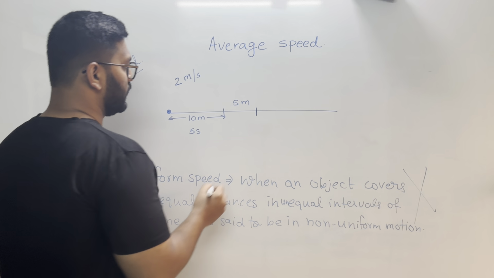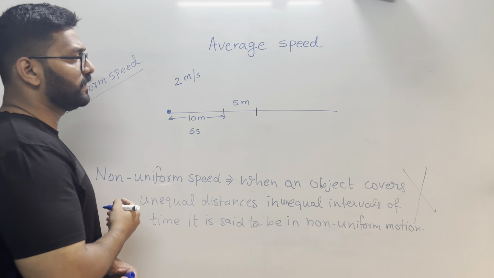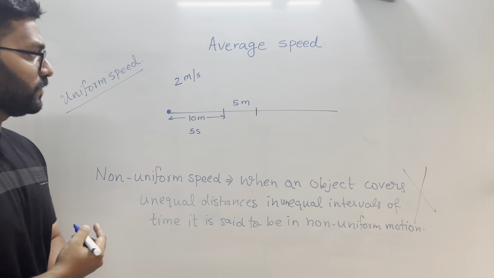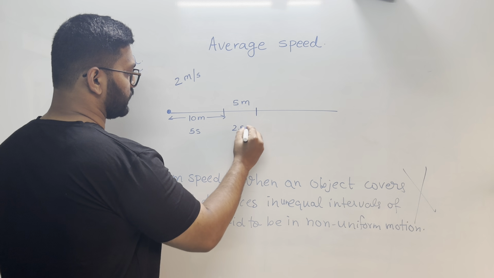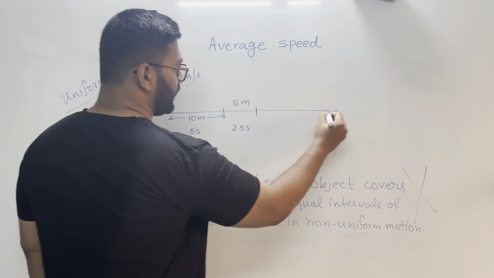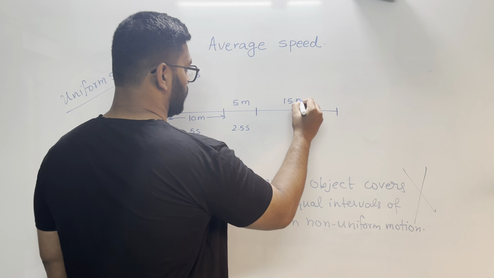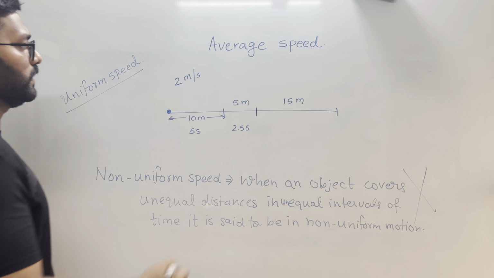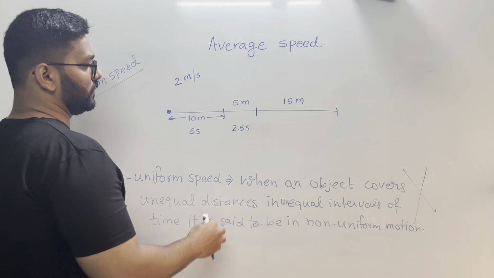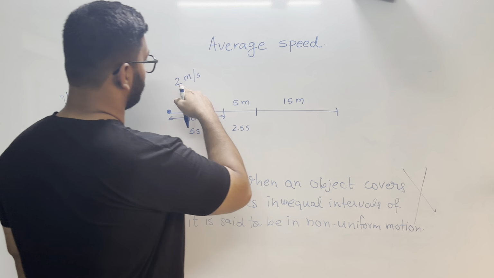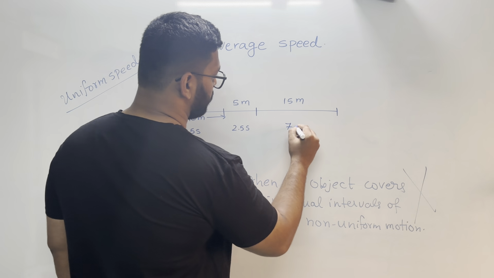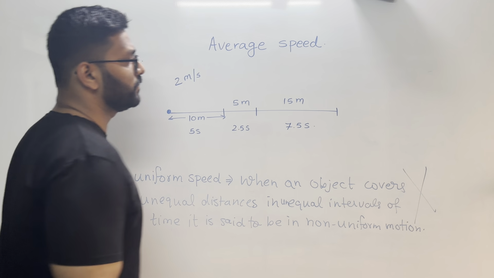Since it is 2 meters per second, this time is 2.5 seconds. Now I take a 15-meter distance, 3 times this, so this should be 7.5 seconds.